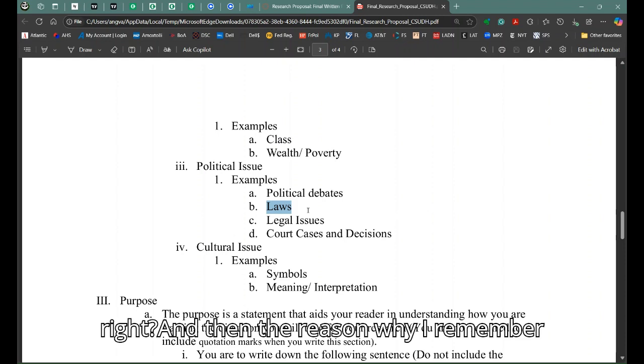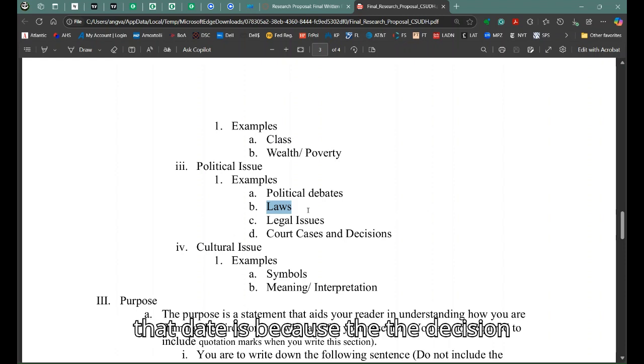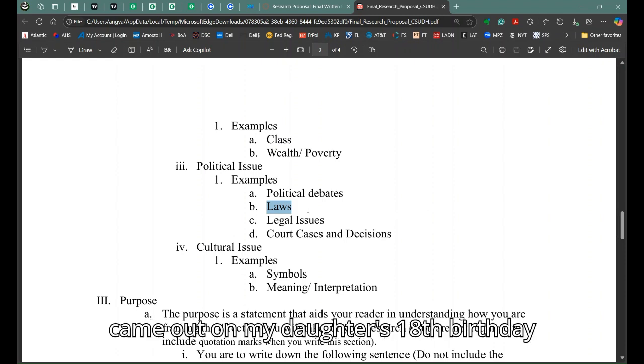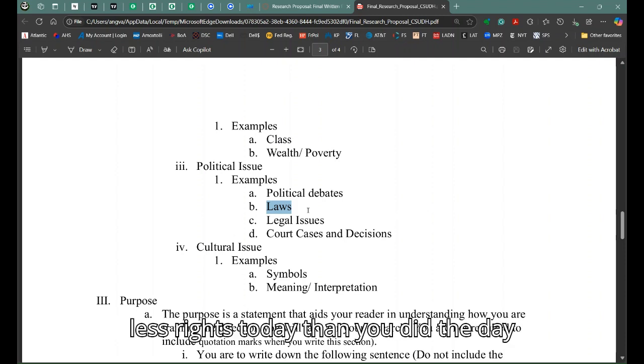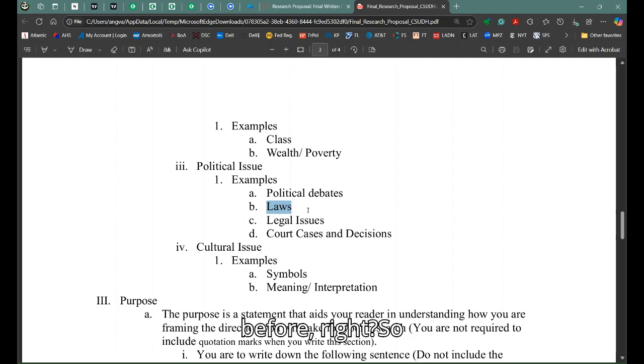The reason why I remember that date is because the decision came out on my daughter's 18th birthday. And I said, happy birthday, you have less rights today than you did the day before. So passing of certain laws can be looked at as a political issue.